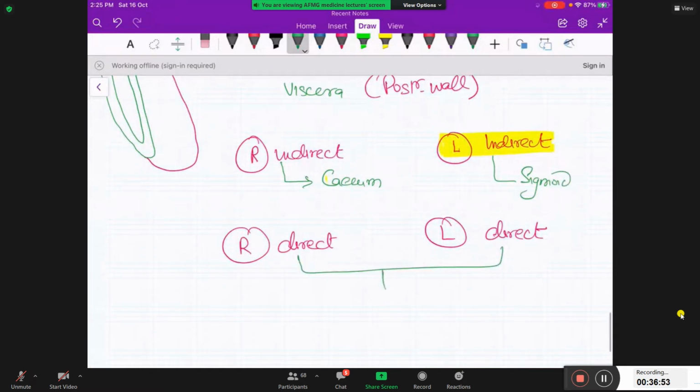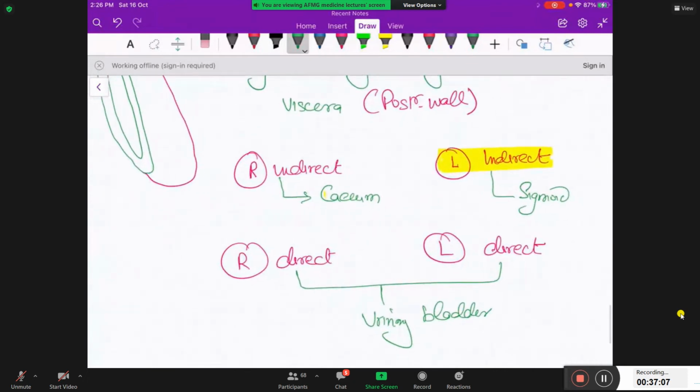In right and left direct, it is urinary bladder.